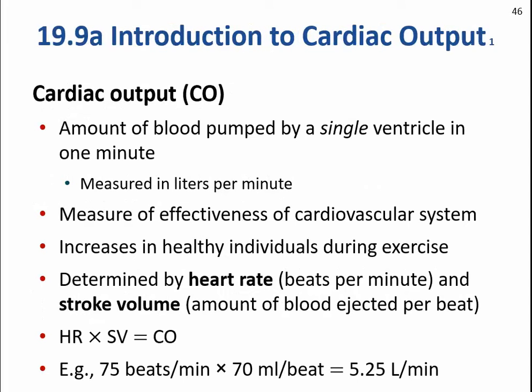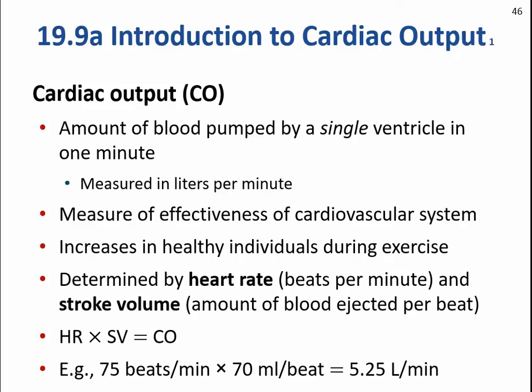Okay, we're going to continue with the idea of cardiac output. So what we care about is really how much blood gets out to circulation per minute. We don't really care about how much blood gets out there per heartbeat, because we can change the heartbeat and we can change the amount of blood that leaves per heartbeat.